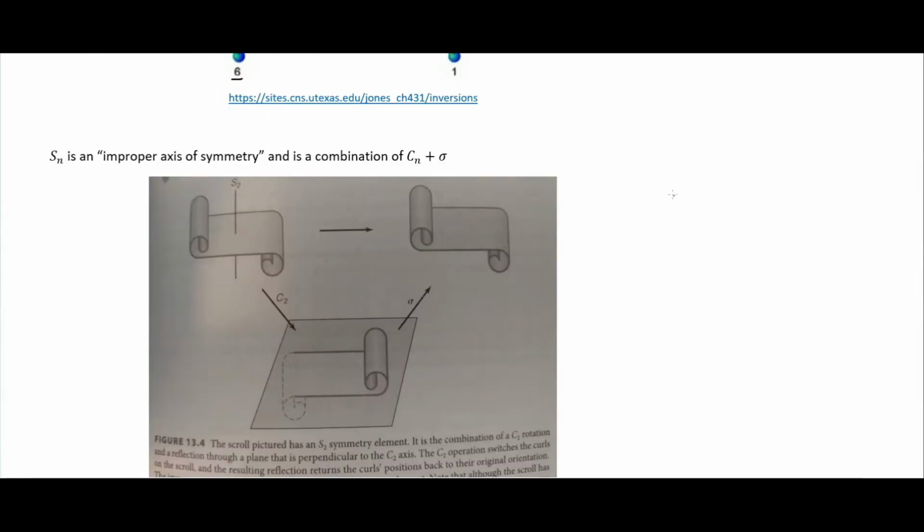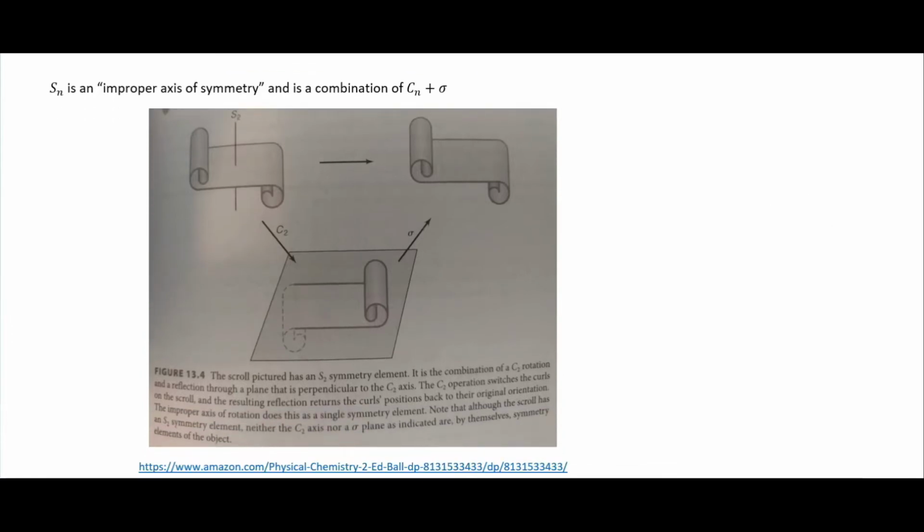Then there is this improper axis of symmetry, which is essentially just a rotation plus a reflection. I just took this picture with my phone out of my physical chemistry book, and we see that this S2 here is a combination of C2 and sigma.